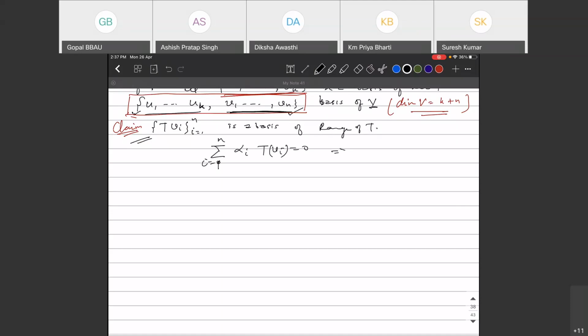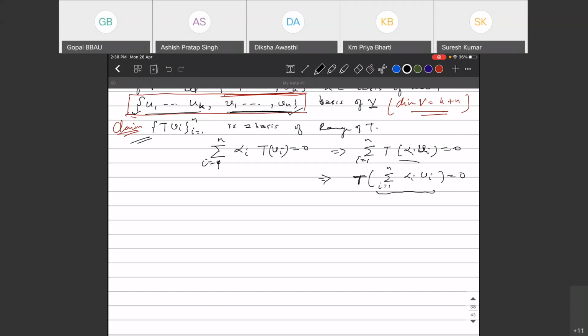So this will be the summation of T alpha I V I, I equals 1 to n, is 0. So this is the same as T of the summation I equals 1 to n of alpha I V I is 0. Okay? Correct? So this is a vector in V, and T vanishes at this vector.